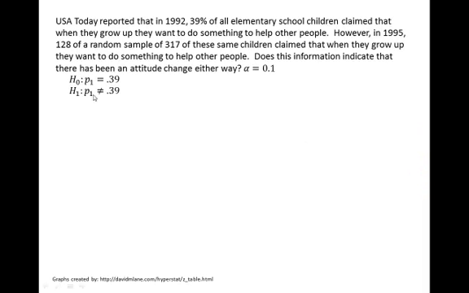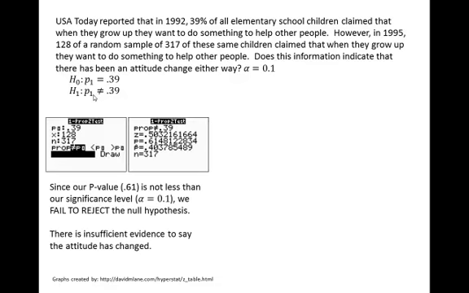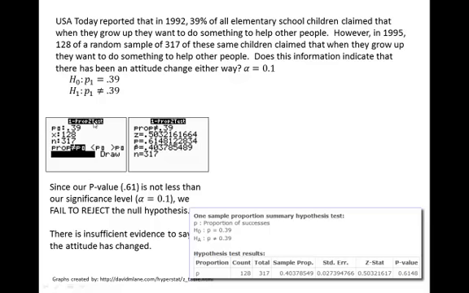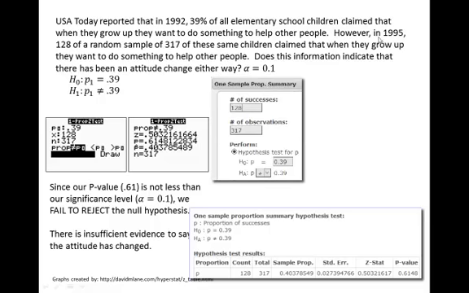Alternative hypothesis, we wanted to know, has the attitude changed? 1-prop-z test, there's only one proportion here. They only took one sample, and that one sample was in 1995. And p sub 0 comes from the null hypothesis. This is what we previously knew, what had already been accepted, and the information that we are basing everything off of.